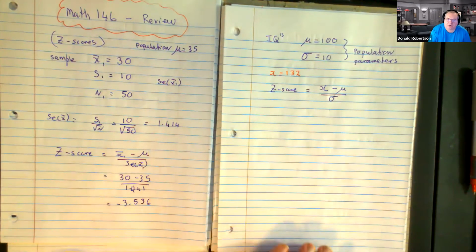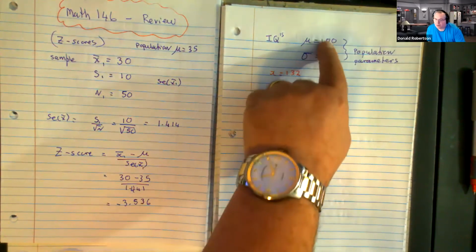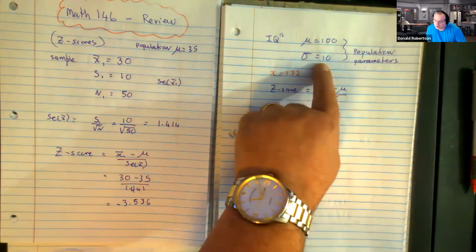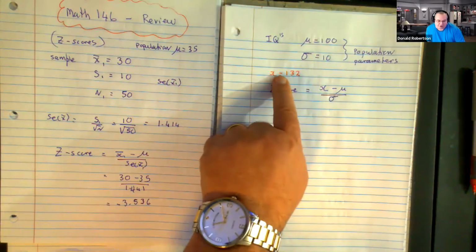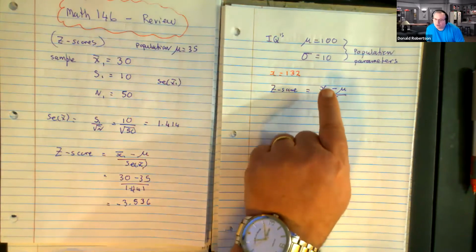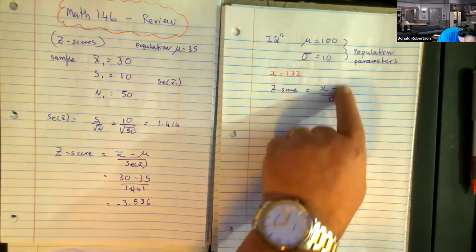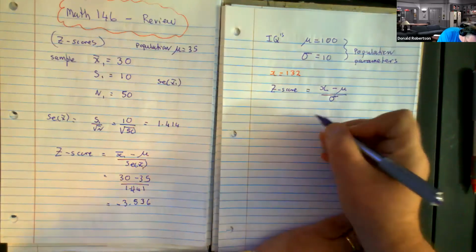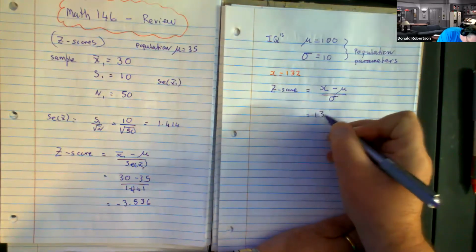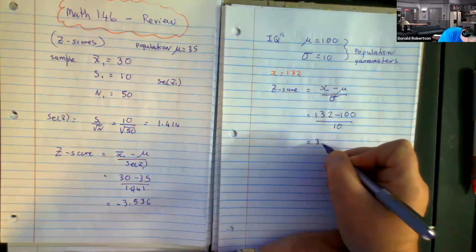So in that second story, when the data you get is population data and it's a one-person deal, this is your z-score. In this case, it's 132, take away 100, divided by 10, and this ends up being 3.2.